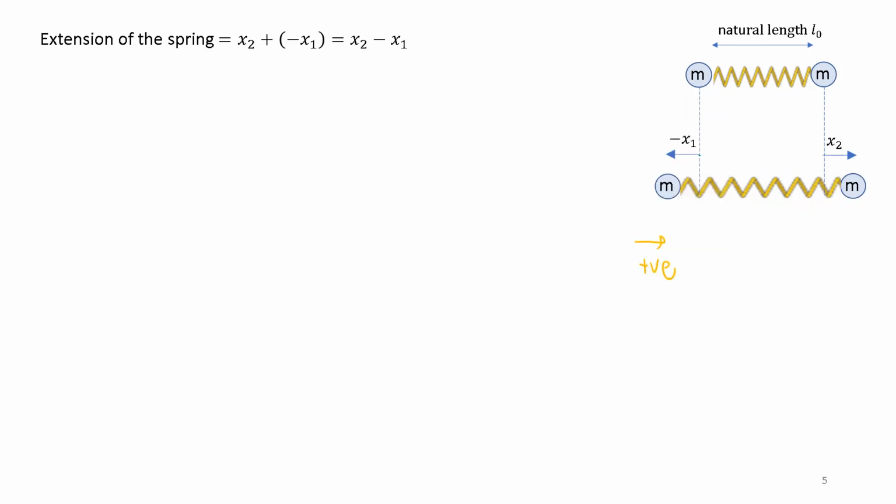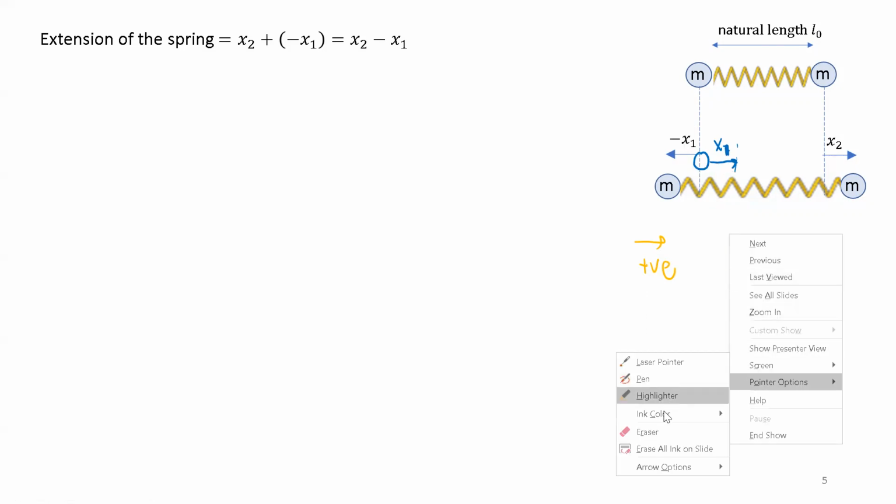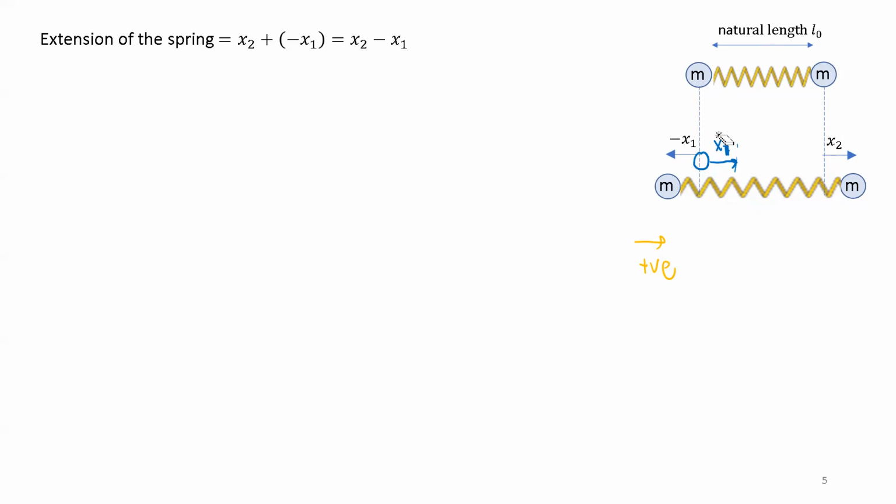If the left mass is also moved to the right a little bit by a distance x1, I'm sorry, x1 for the left mass, x2 for the right mass, I will say that this mass on the left has a positive x1 displacement. That's the convention I will set up.